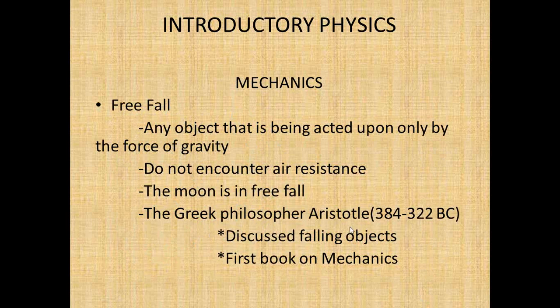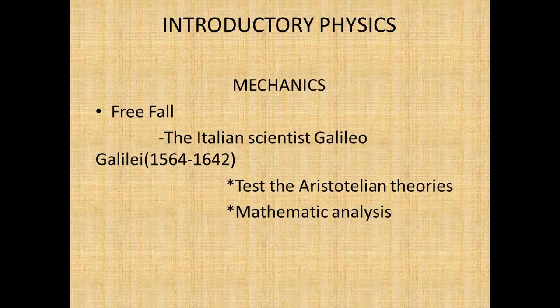The Greek philosopher Aristotle, 384 to 322 BC, was the first physicist to discuss falling objects, and he had one of the first books on mechanics. And then later, the Italian scientist Galileo Galilei, 1564 to 1642, tested the Aristotelian theories and came up with some mathematical analysis.